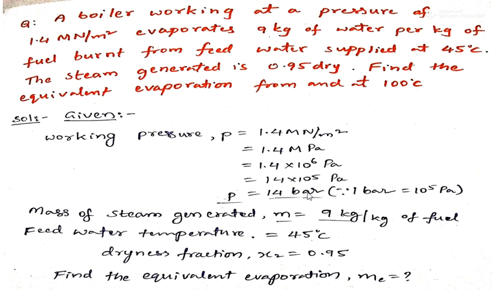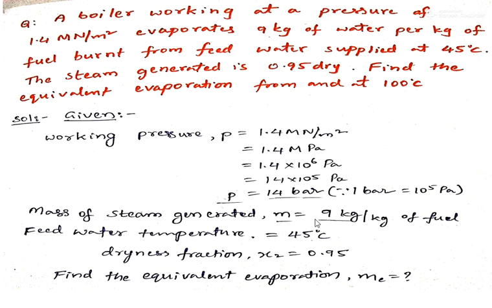So here the pressure is 14 bars, and the mass of steam generated is given as 9 kg. The boiler evaporates 9 kg of water per kg of fuel, so we assume 9 kg of steam is produced per kg of fuel. Let us take the mass of the steam generated as m.